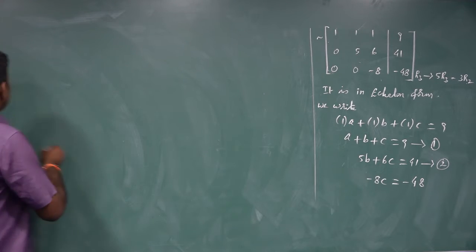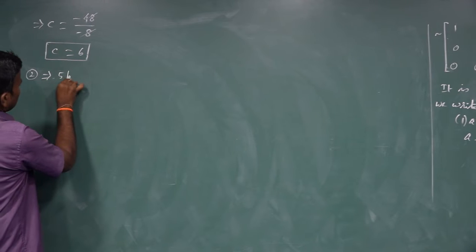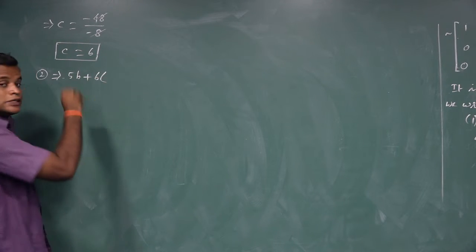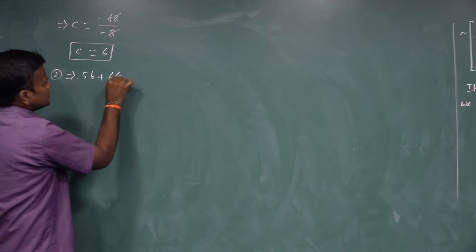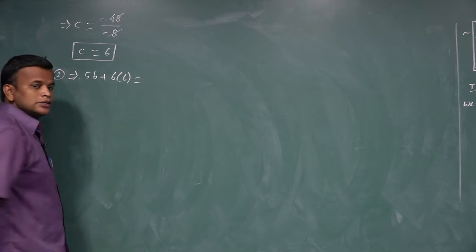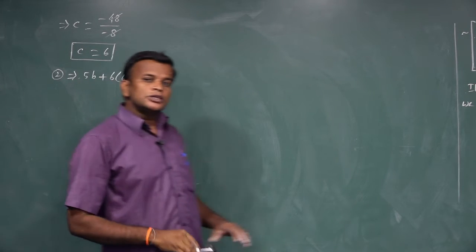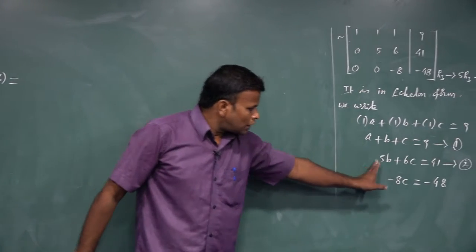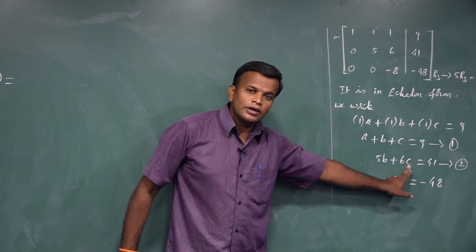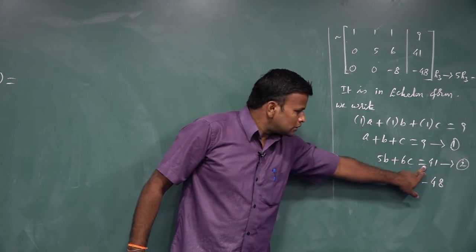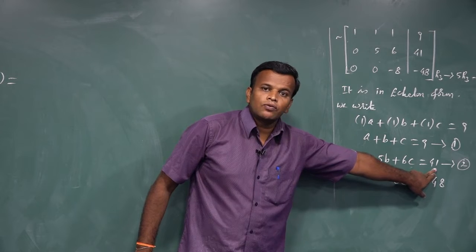5B plus 6. The value of C is 6. What is the RHS of the second equation? 5B plus 6, we use the value of C. The value of C is also 6, is equal to, the RHS of the second equation is 41.